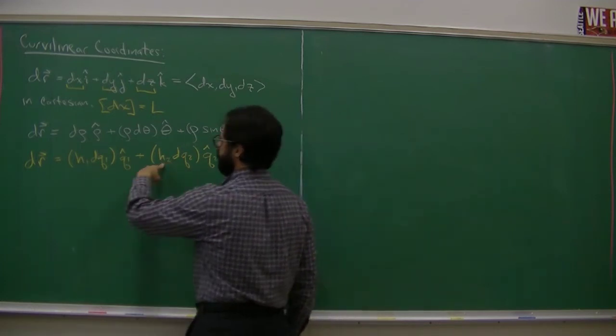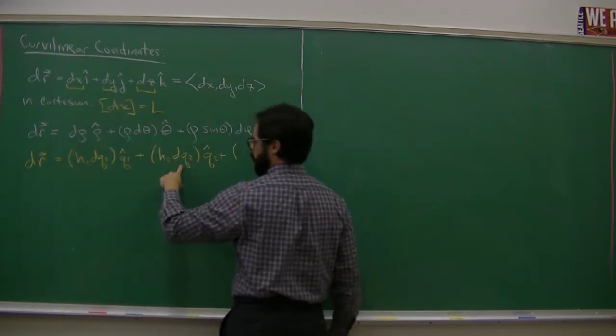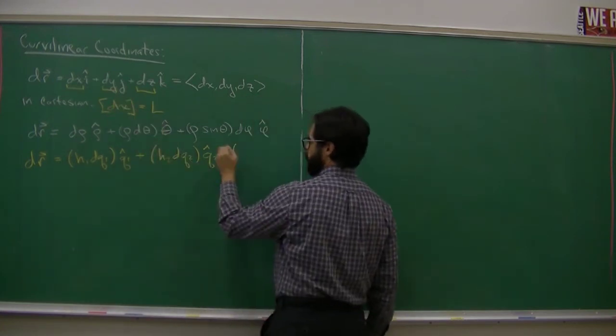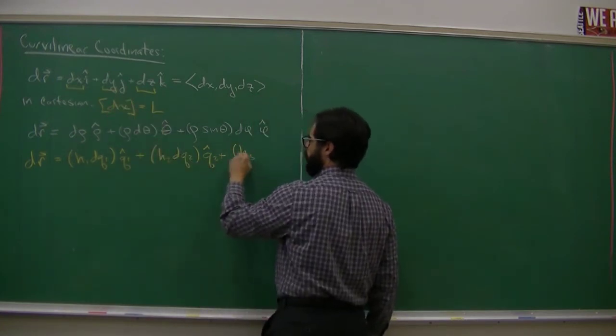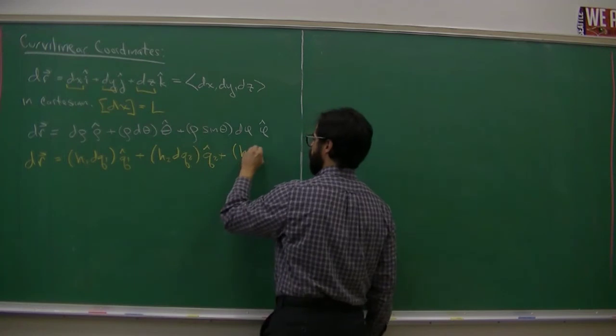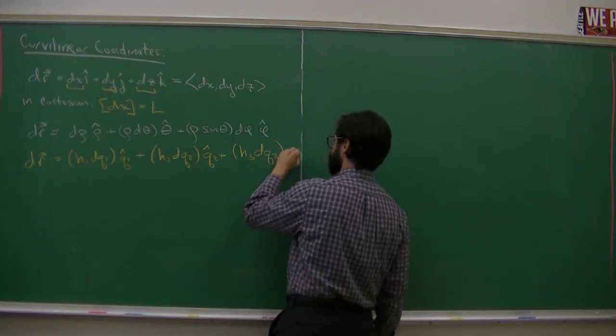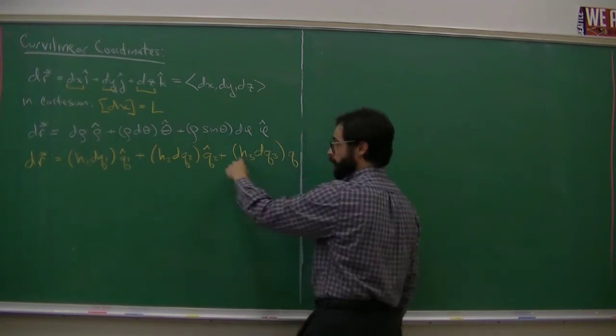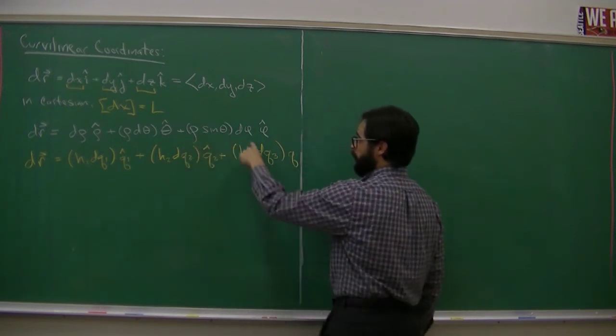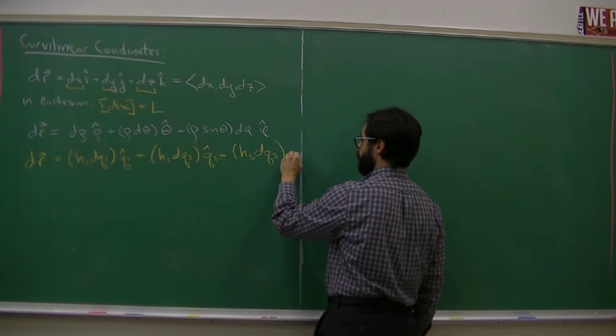In the case of Cartesian coordinates, the scale factor is 1 and q2 is y, and then the scale factor h3 is 1 and then q3 is z. In the case of spherical polar coordinates, the scale factor is rho sine theta, and q3 is phi.